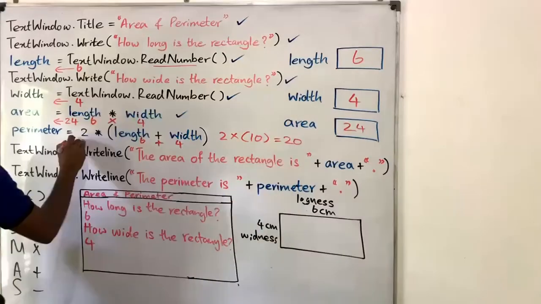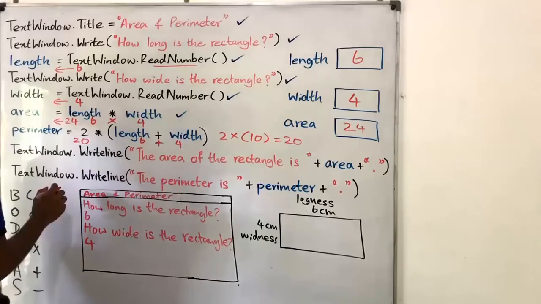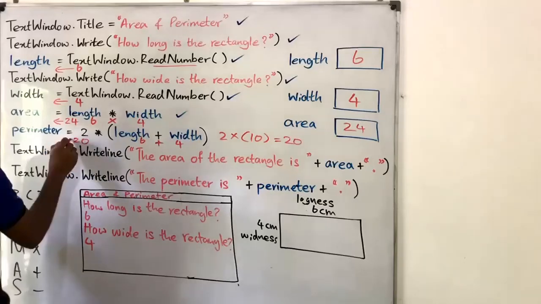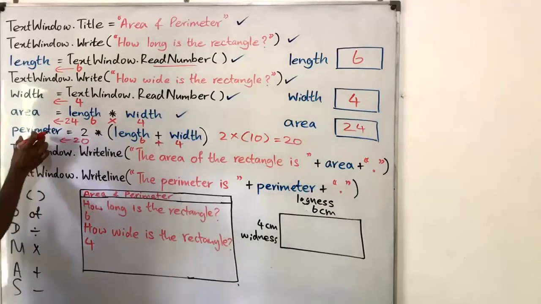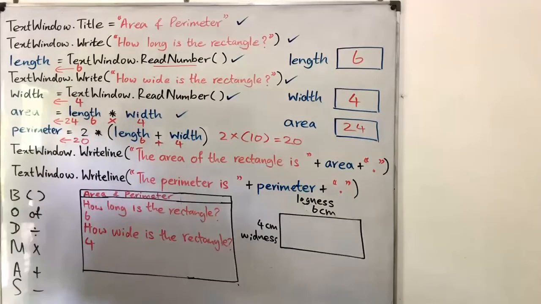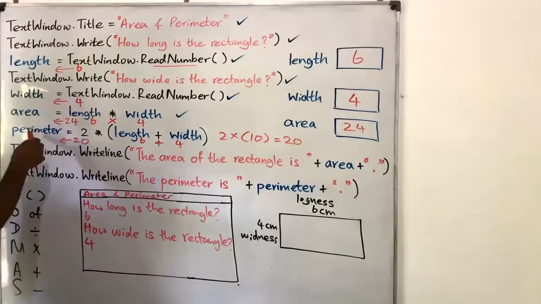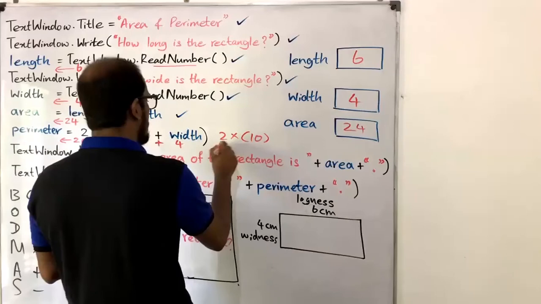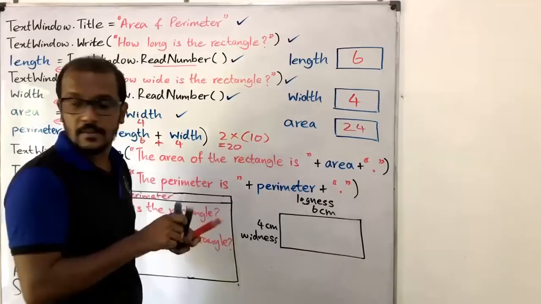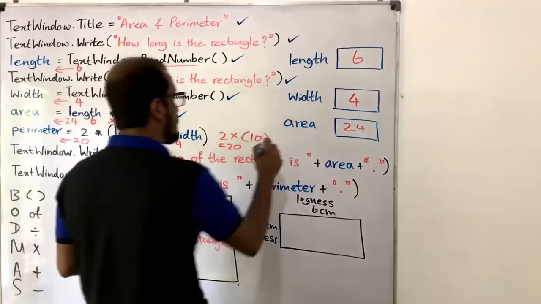That value 20 is assigned or stored in the variable perimeter. So when this statement executes, behind the scenes another variable called perimeter is created in the RAM.